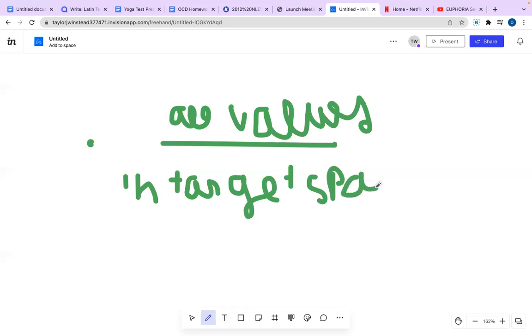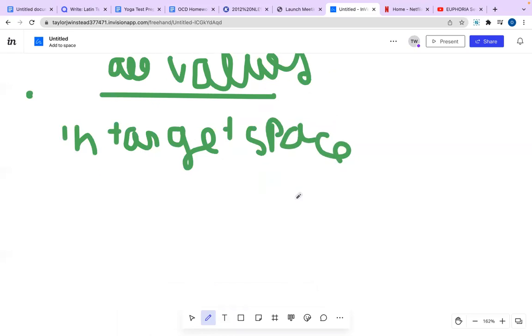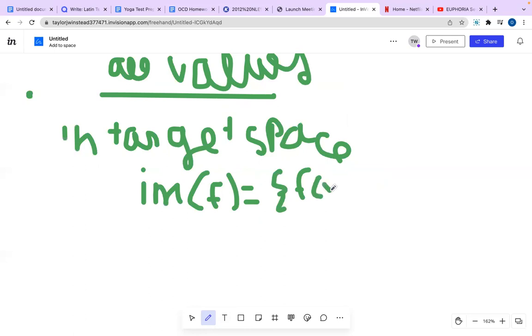There's another way of writing this, which is that the image, and we shorten image to im of f, is all of the f of x's for every x in X.